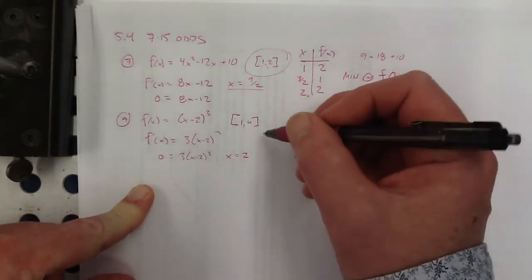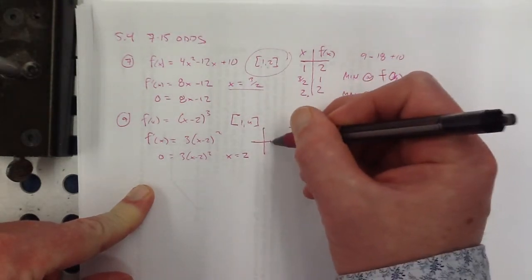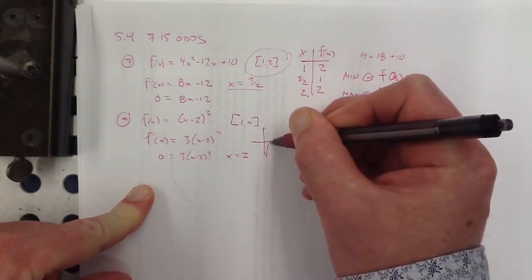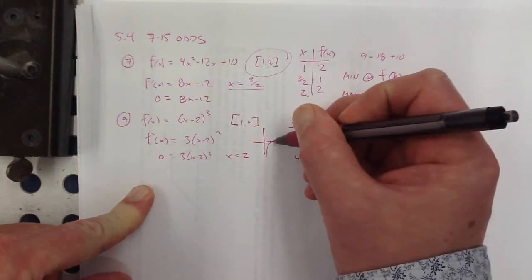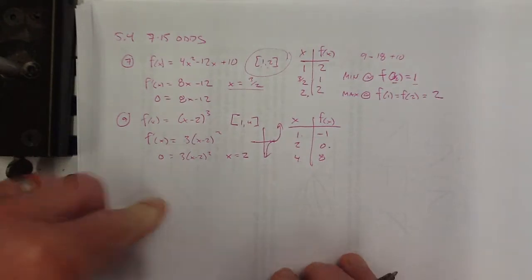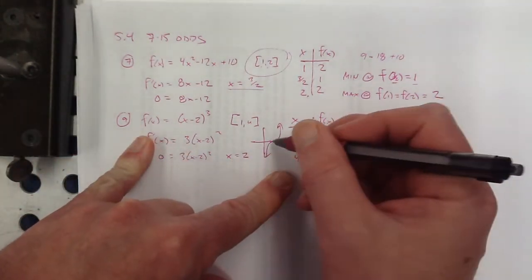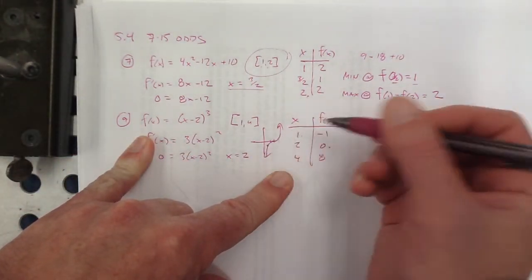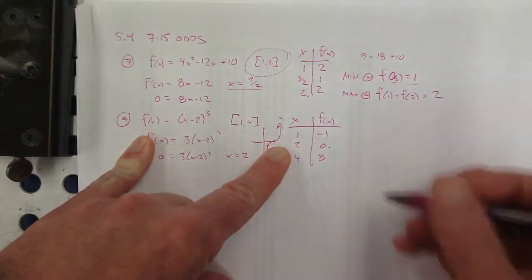So that's like a neither spot, where our cubic function comes in here, has a slope of 0 just for an instant, and then it changes its mind and goes back up. So there's my 1, -1, and 4, 8 up there.